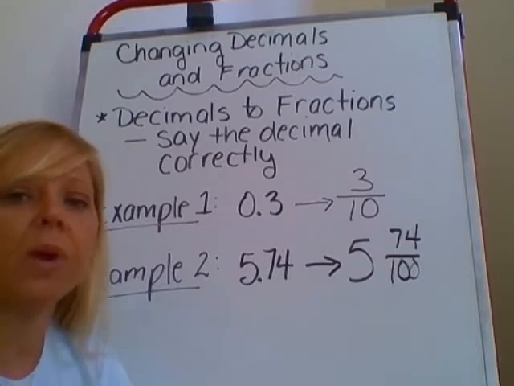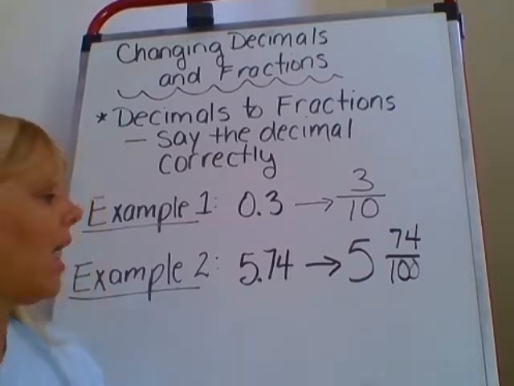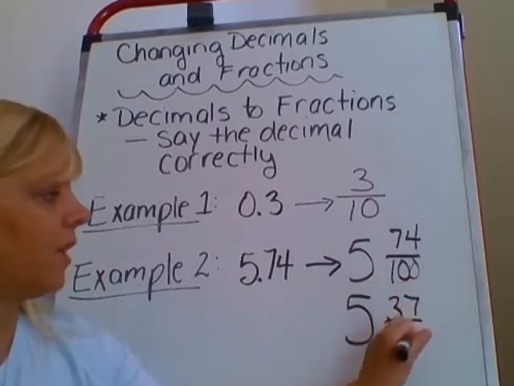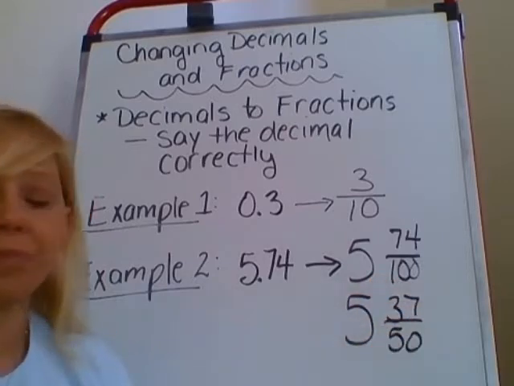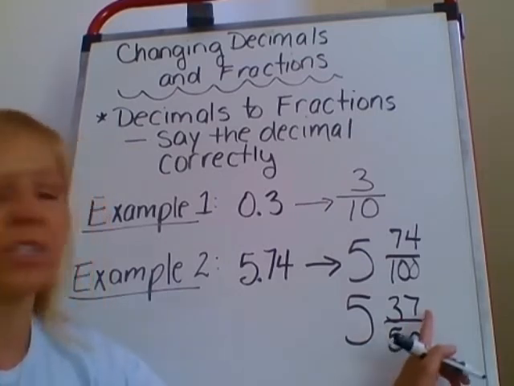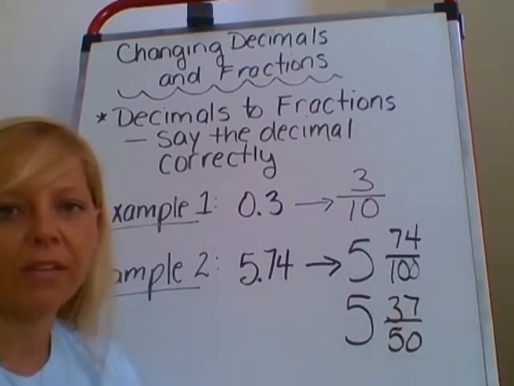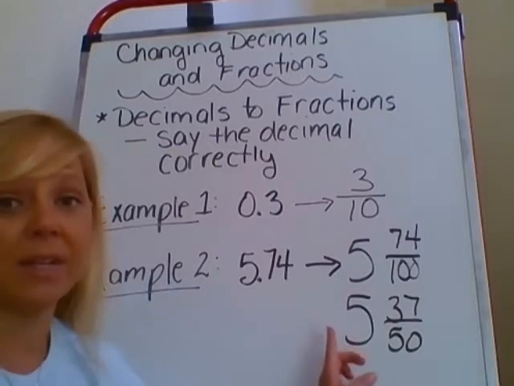So if I divide 74 and 100 by 2, I end up getting 5 and 37/50. And that is in simplest form because 37 is a prime number and 37 does not go into 50 evenly. So that would be it in simplest form.